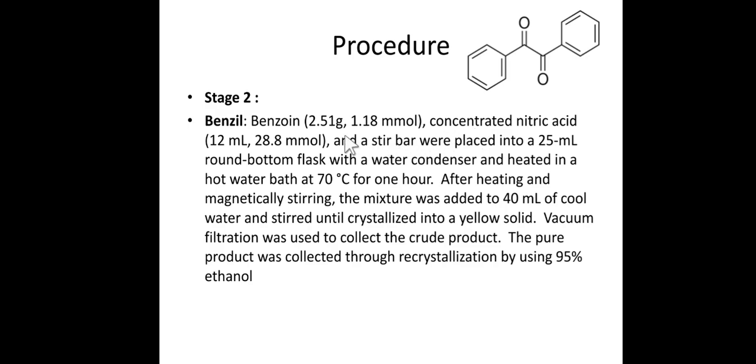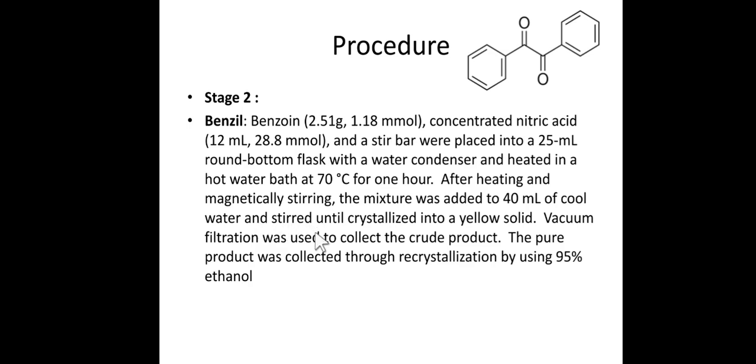Then concentrated nitric acid was added and stirred in a 25 ml round bottom flask with water condenser and heated in a water bath at 70 degrees for an hour. Within 1 hour this HNO3 will oxidize benzoin into benzil.